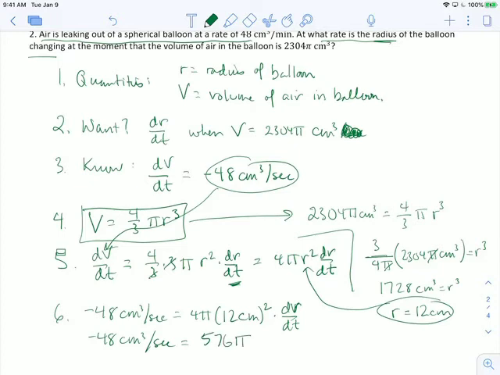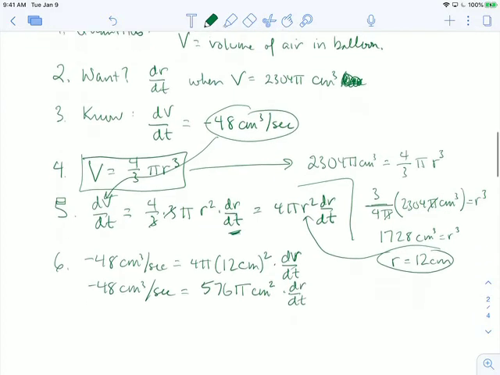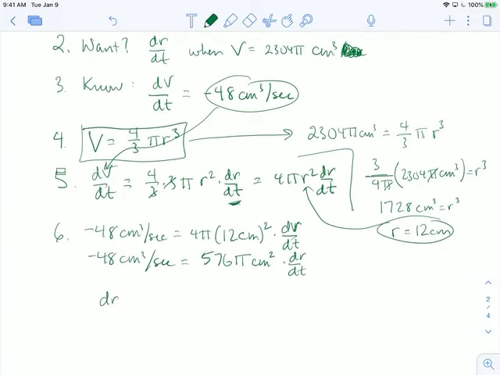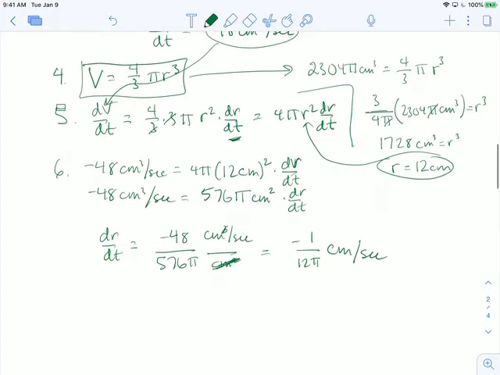And so I get dr over dt is equal to negative 48 over 576 pi. And now I've got centimeters cubed per second over centimeters squared, so it's going to cancel out 2 of those. And if I simplify my fraction, I get negative 1 over 12 pi, and my units are going to be centimeters per second.